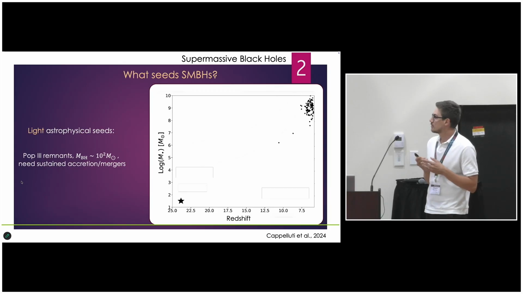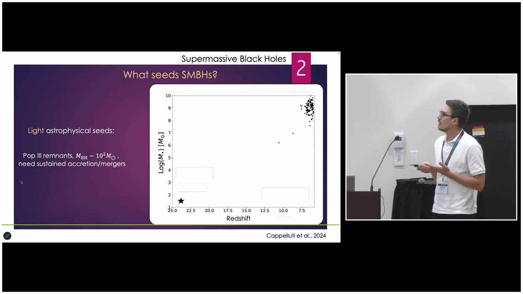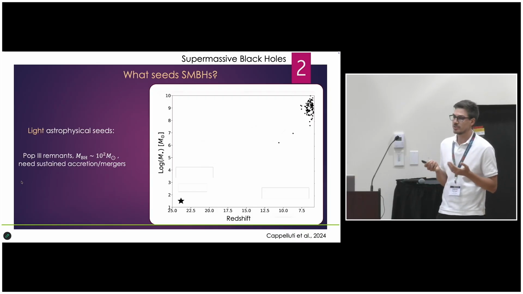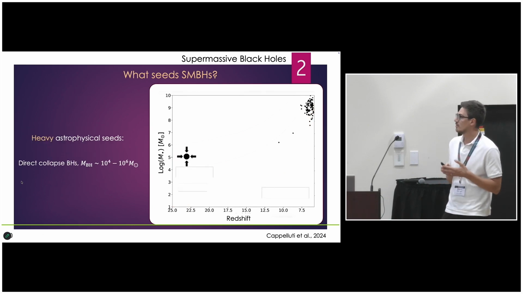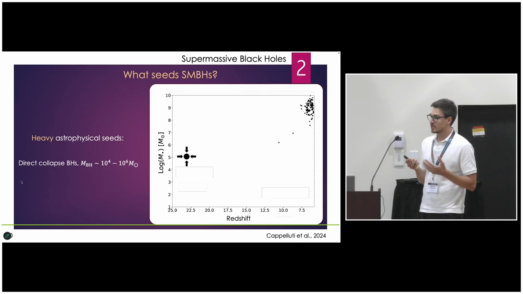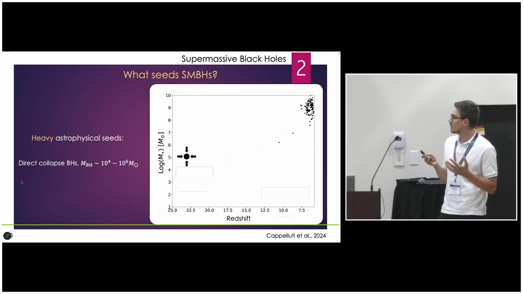One, the light astrophysical seed scenario, where we have Pop III remnants. So we start from black holes of around 100 solar masses, and through sustained accretion and mergers, they can grow up to the 10^9 solar mass objects. Or we have heavy astrophysical seeds, so direct collapse black holes, where a gas cloud directly collapses into a black hole.